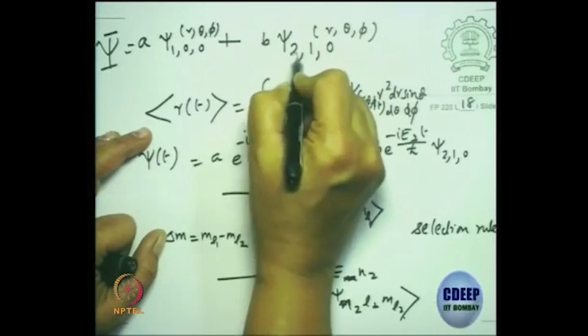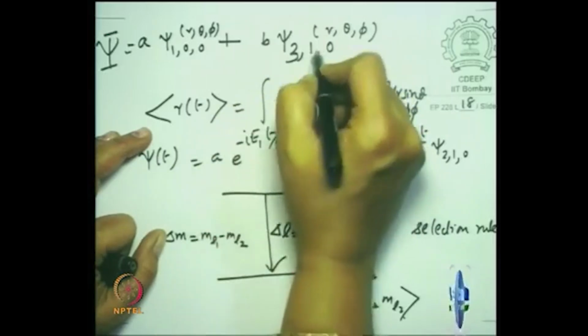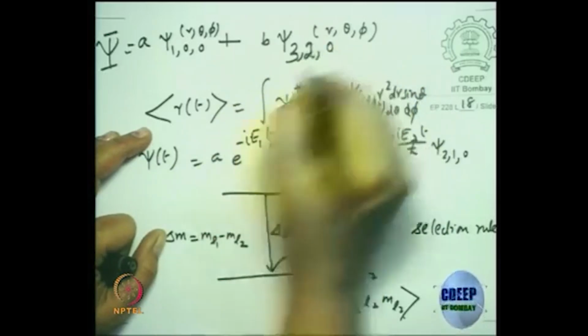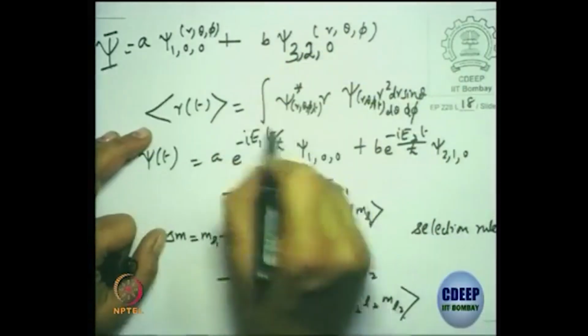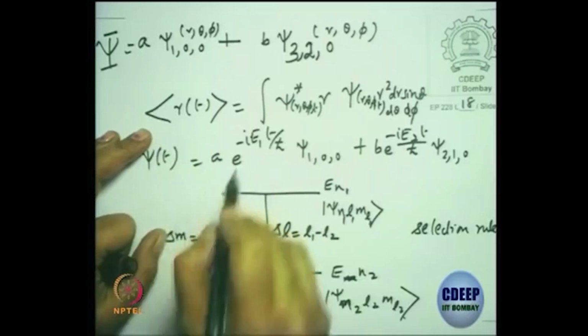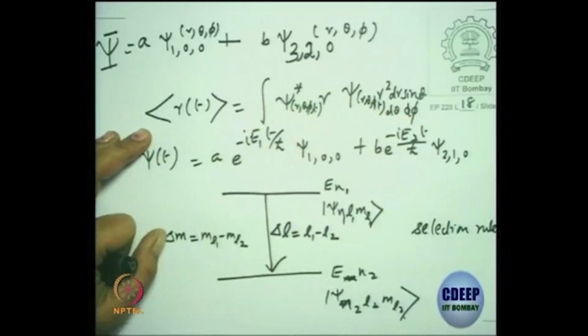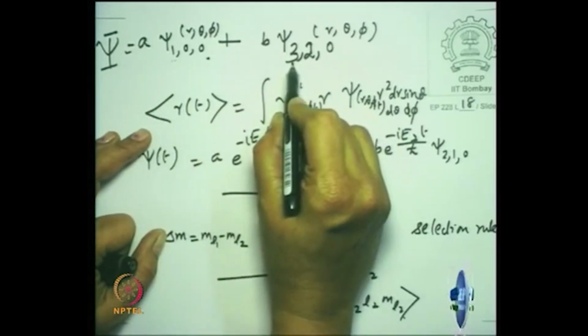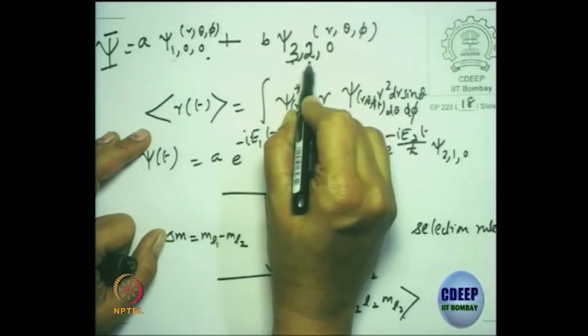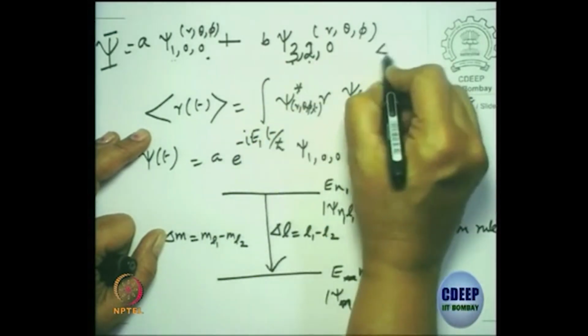If we had taken n equal to 3, then you can check that this is going to be 0. If you take this state, you can show that this expectation value will be, if suppose I take the ground state and this is n equal to 3, but l equal to 2, what is delta l here?